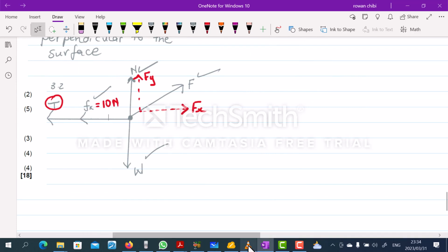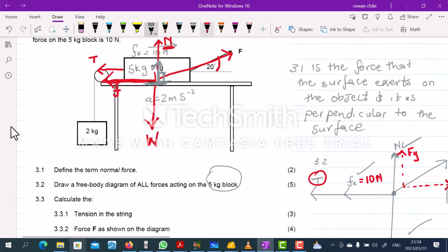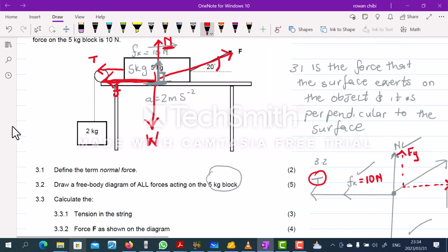Before we answer this one, let me quickly draw the free body diagram of the 2 kg block. Remember, there is this block now, the 2 kg block. The 2 kg block, the hanging object, always has 2 forces. There is a weight and there is a tension, because it is being pulled up by the 5 kg block, but it is also hanging towards the earth.